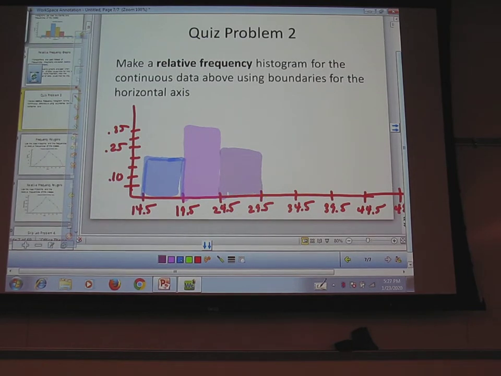And then what's after that? 0.15. And a couple of zeros, and the last one is 0.05, just like that. So your histogram should look something like that, more or less. Good so far? Great.